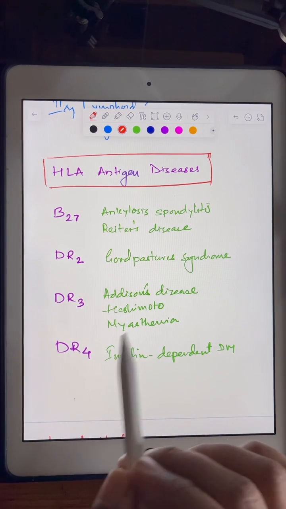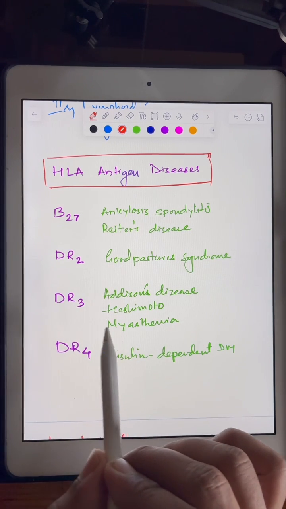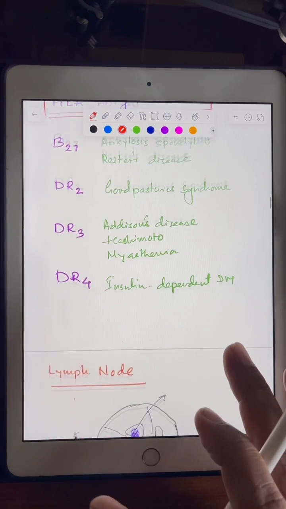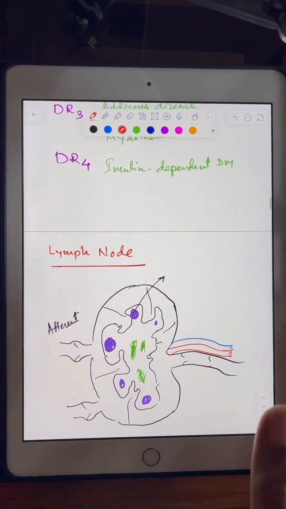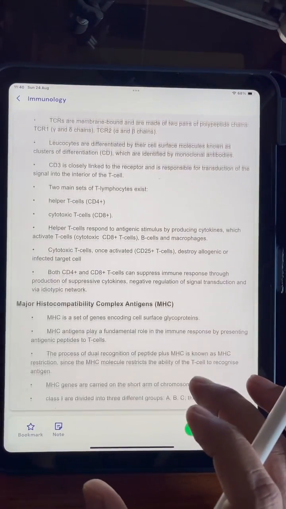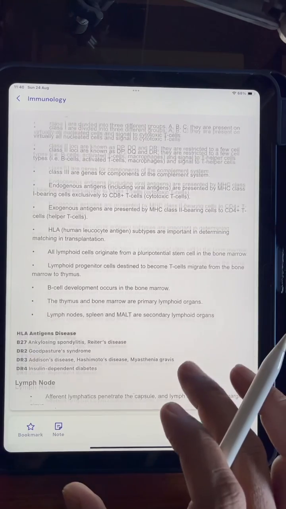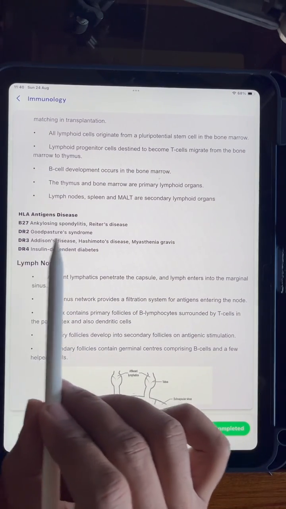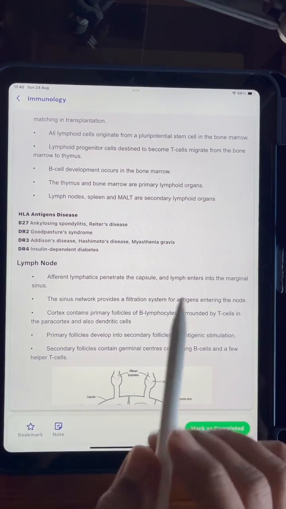DR2, DR3, DR4 are associated with Goodpasture syndrome. DR3 is associated with Hashimoto's and Addison's disease. So these are antigen related. HLA antigen diseases: ankylosing spondylitis, Goodpasture syndrome.